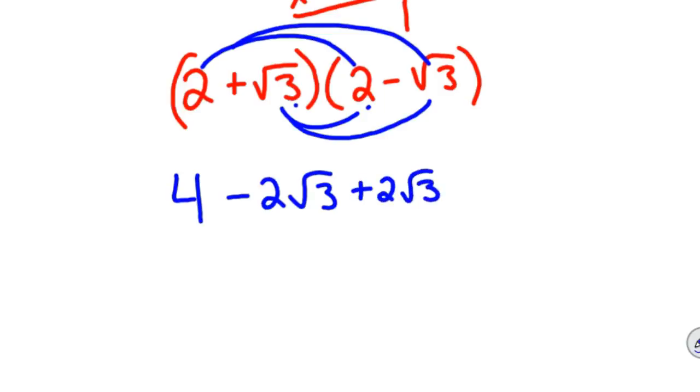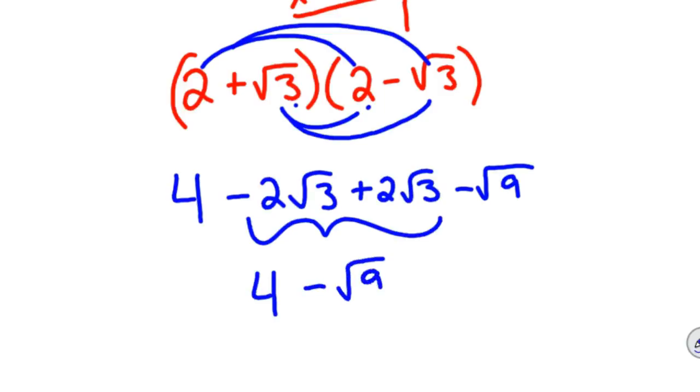And then you take root 3 times negative root 3, which would be negative root 9. 3 times 3 is 9. Well, notice here in the middle, you've got negative 2 root 3 plus 2 root 3. Well, that's 0. So now we're left with 4 minus the root of 9. Well, the root of 9, you know, is 3. So we really have 4 minus 3, which is 1.